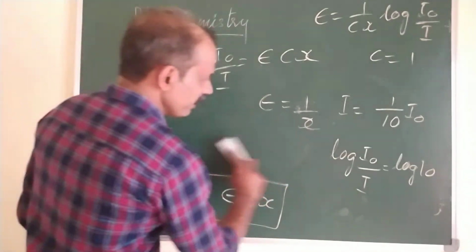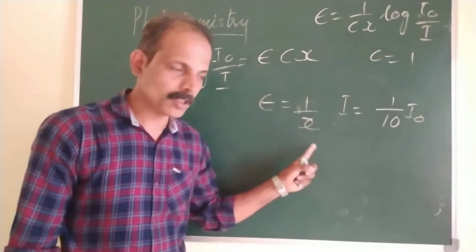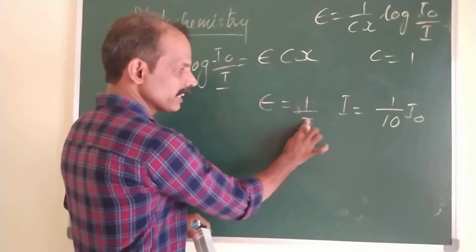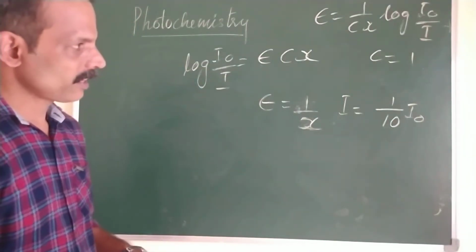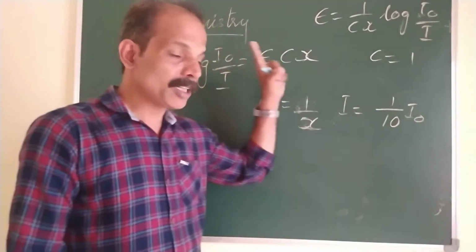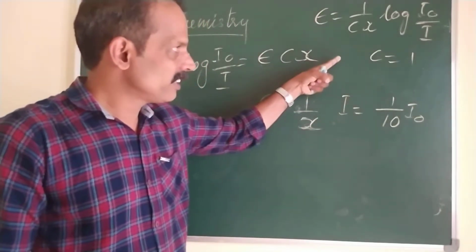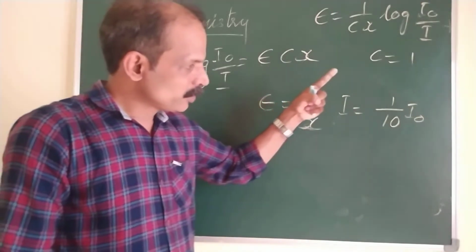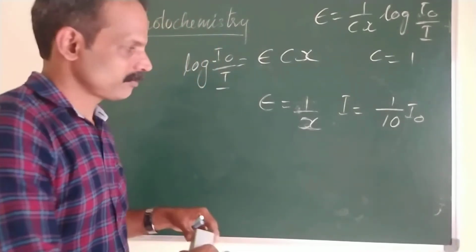So we can define epsilon, that is molar extinction coefficient, as the reciprocal of the thickness of a 1 molar solution which reduces the intensity of the radiation to 1/10 of its initial intensity.